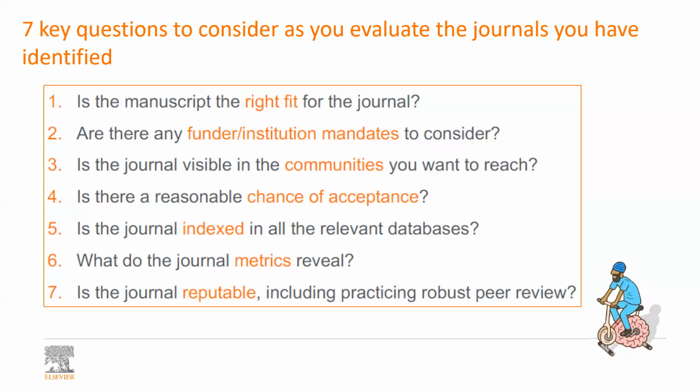Is the journal indexed in relevant databases? It's very important that the journal you select for publication is indexed in databases like Scopus or Web of Science. And how will you know that? You don't need a subscription. To find out whether the journal is Scopus indexed or not, you can go directly to Scopus and find this information there.